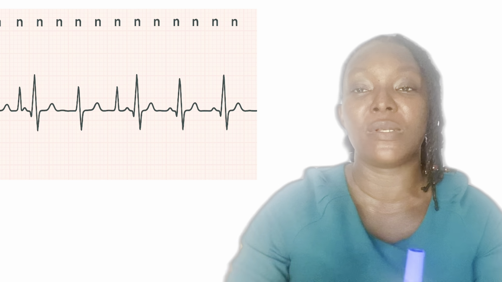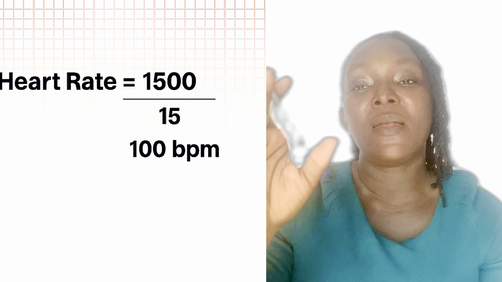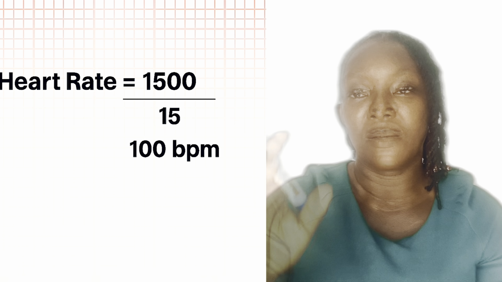Just look at your big boxes, then multiply those by 5. So if it's 3 big boxes, you know that there is 5 small boxes in every big box. So when you are going the small boxes way, you will have 5 times 3, which will be 15. You divide your 1500 by 15, you will still get 100, just like we said.